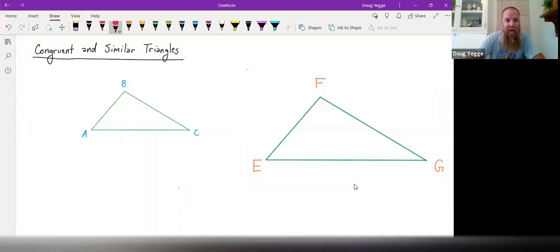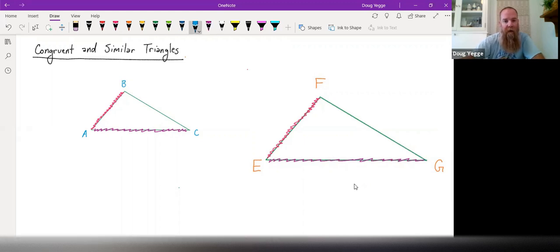So let's take a look at this side. Side AB would be proportional to side EF. And if we look at side AC, AC would be proportional to side EG.